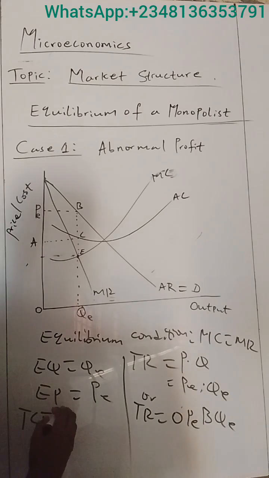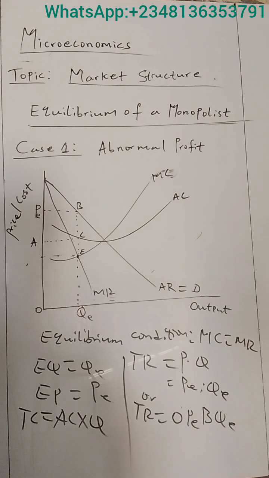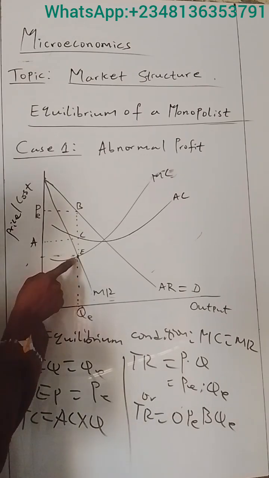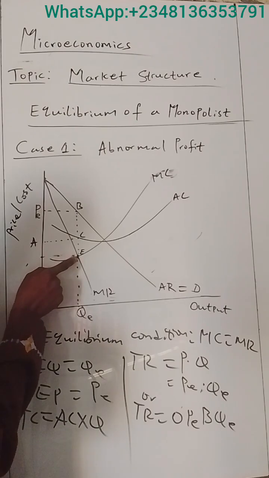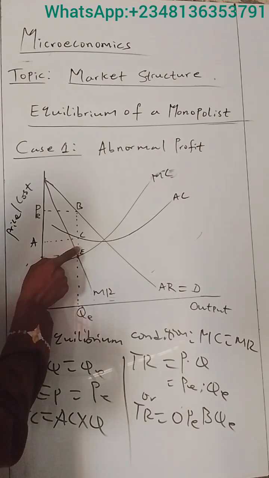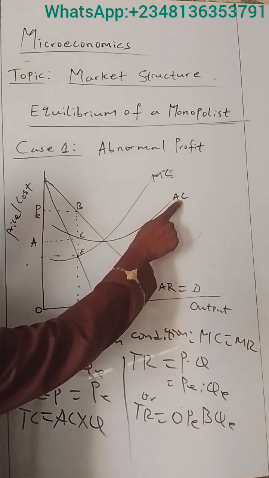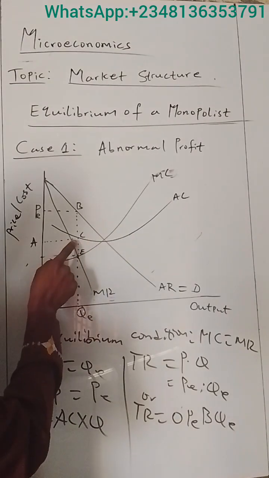The total cost is simply AC multiplied by Q. That is the general formula for TC. So how do we know the TC? By what we did in a perfect market, we check the equilibrium point and continue to trace the line until it touches the average cost curve.